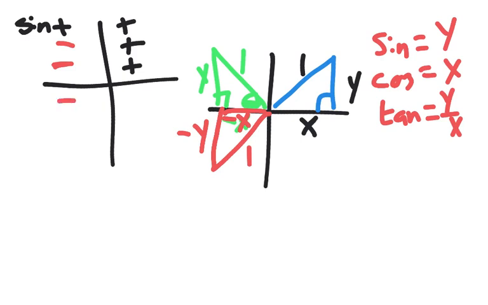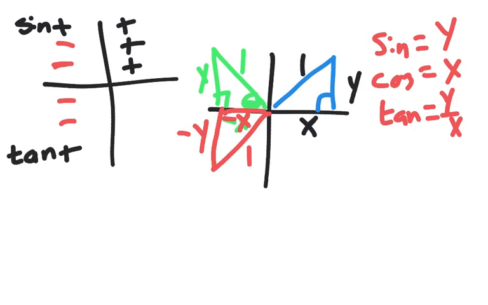So in the third quadrant, sine is negative. Cosine would be the adjacent over the hypotenuse, which would be negative. Tangent would be the opposite, negative, over adjacent, negative. It's a negative over a negative, so tangent would be positive.